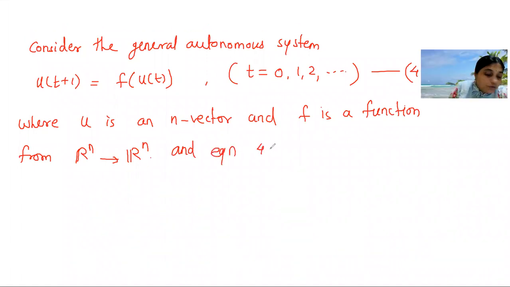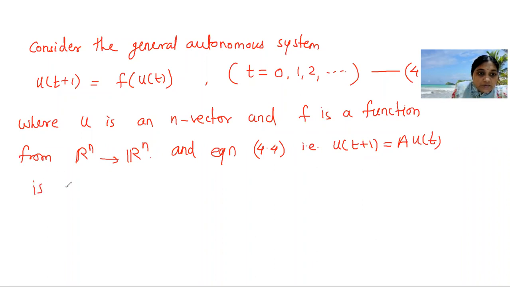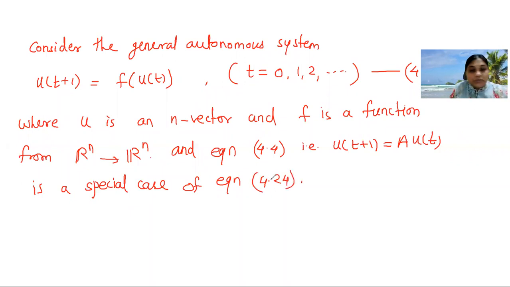Okay, and what is our equation 4.4? Equation 4.4 is u at t plus 1 is equal to A times u t, right? We have studied the properties of this equation 4.4 in the previous section, which is a special case of equation 4.24.